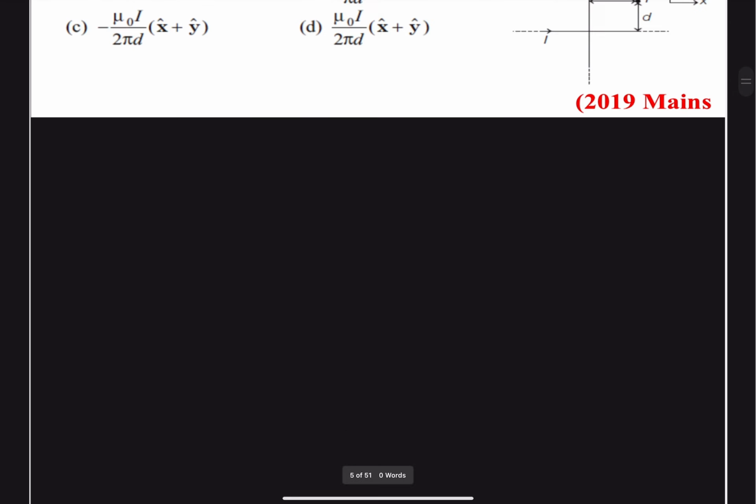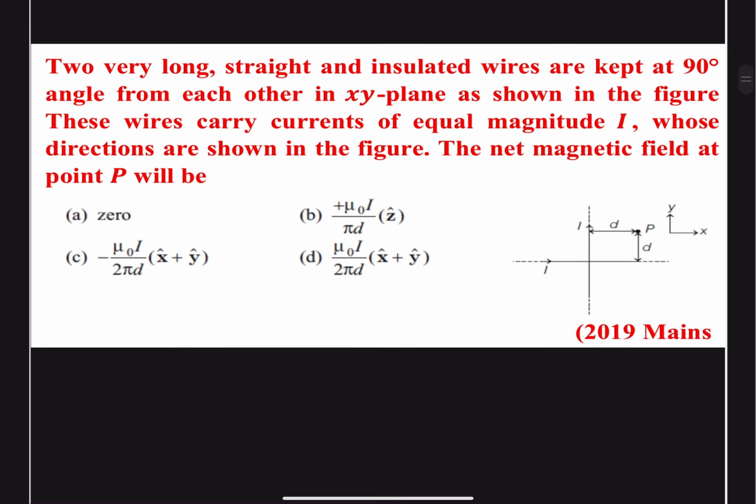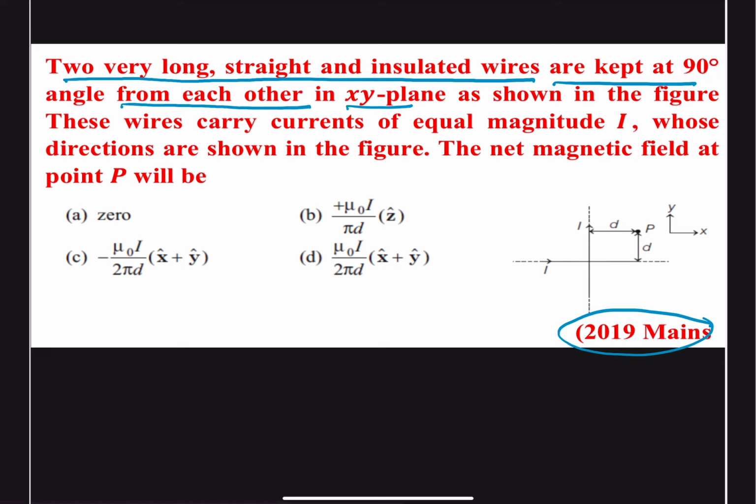Next question. It was also in the 2019 and it states that two very long straight and insulated wires are kept at 90-degree angles from each other in XY plane as shown in the figure.